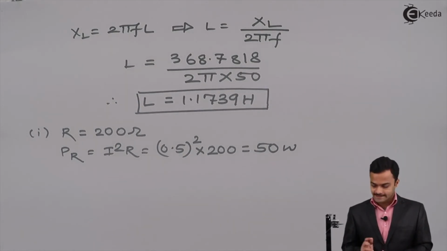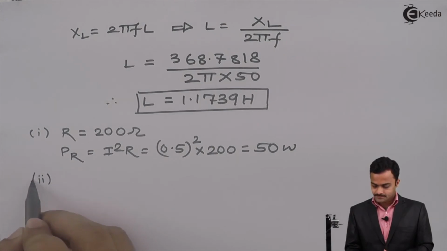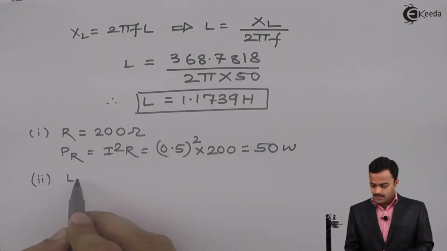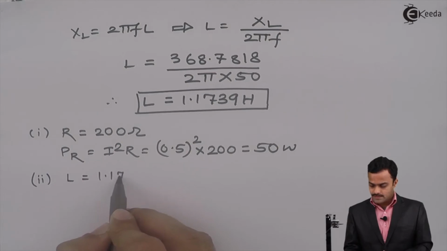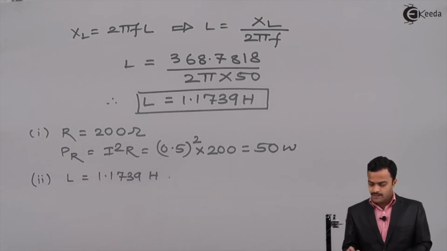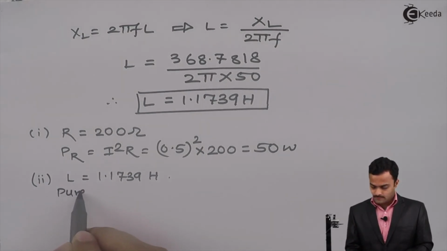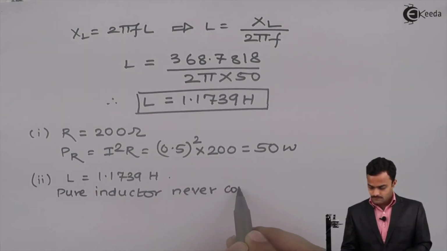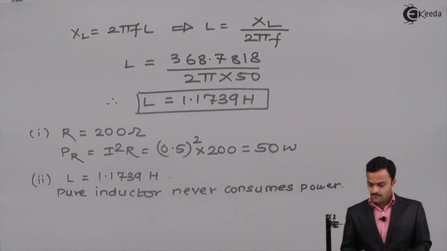Let's check the second case. In the second case, I got L equal to 1.1739 Henry. Remember, it's a pure inductor. So what is the advantage of a pure inductor? It never consumes any power. So in order to get the desired result, if an external element is not consuming any power, that will be much better or much more efficient.